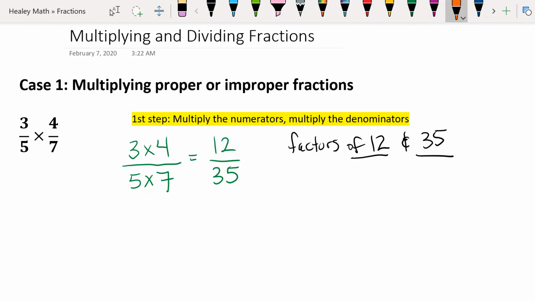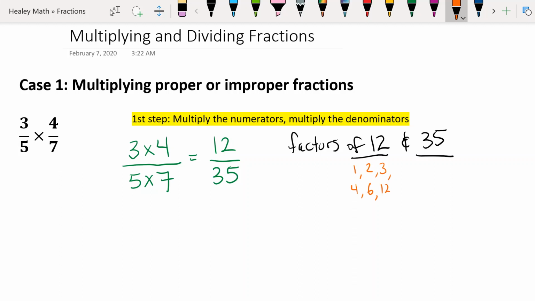So as we list them, we have 1, 2, 3, 4, 6, and 12. All of these numbers are factors of 12.